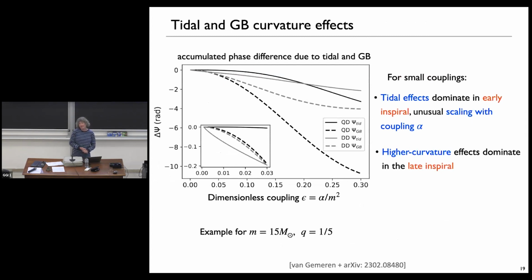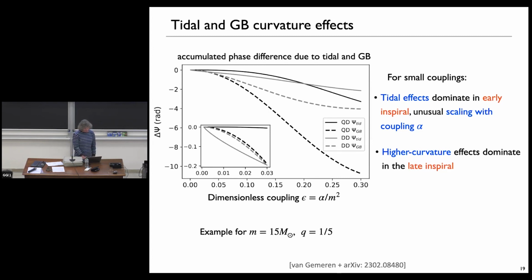In particular, I said the tidal and Gauss-Bonnet corrections, at least in the binding energy, scale similarly. So we want to understand which of these is responsible. Here, what is shown is again the accumulated phase difference due to only tidal and Gauss-Bonnet effects, where the tidal effects are the solid lines and the Gauss-Bonnet higher curvature effects are the dashed lines. You should look probably at the inset, which focuses on small couplings, which is within our approximations.